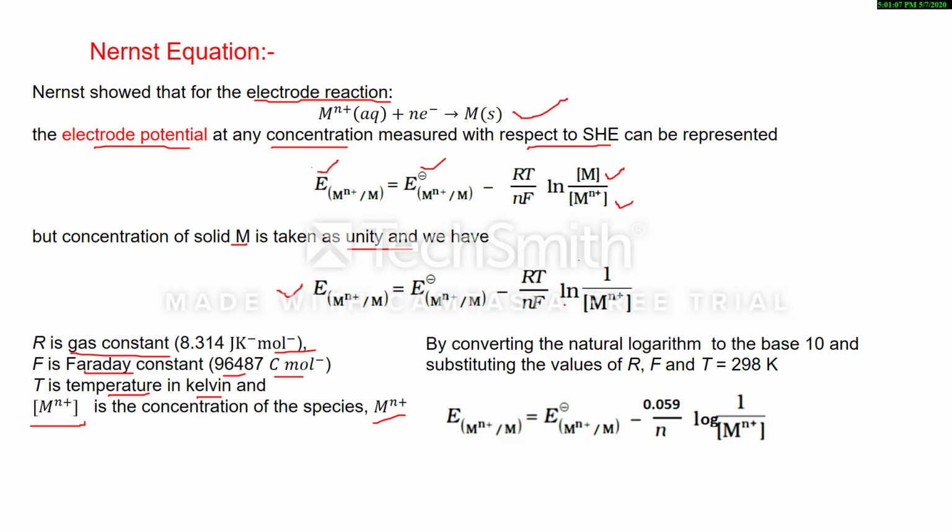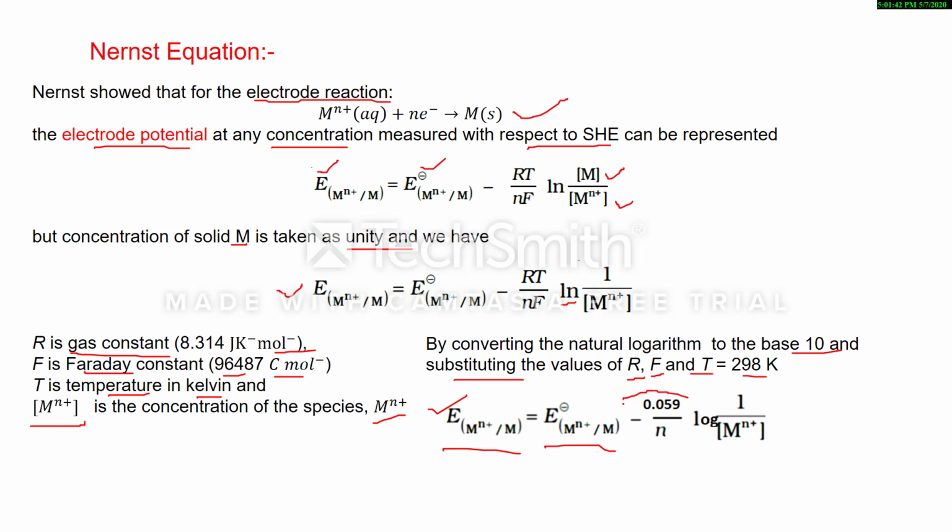Now, this ln is a natural logarithm, but generally we use the logarithm in base 10, and when the natural log is converted into base 10, it is multiplied by 2.303. Then if we substitute the values of R and F, and take T as 298 Kelvin, our equation is: this is the electrode potential at any concentration, and this is the standard electrode potential.